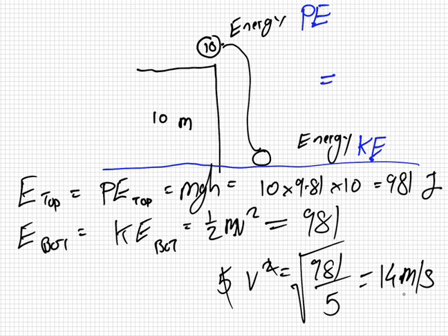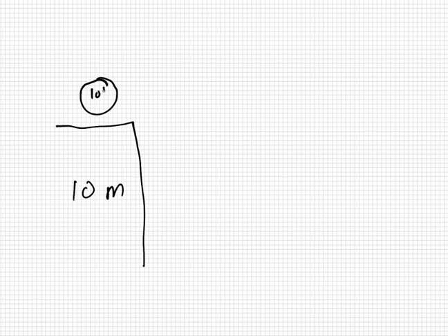Okay, now, sorry, can I go on? Yep, okay. So let's look at another example here. So I have this ball, 10 meters, well, maybe it's not a ball because it's 10 kilograms.